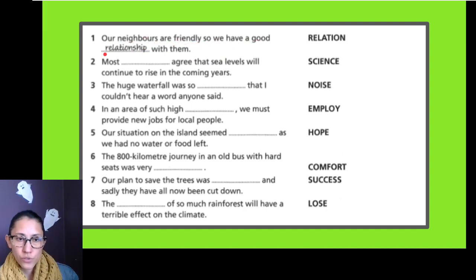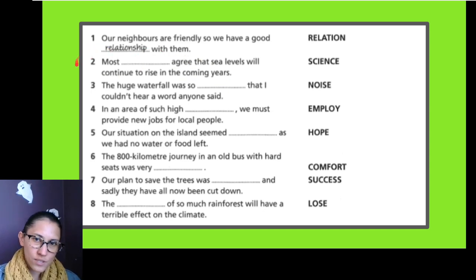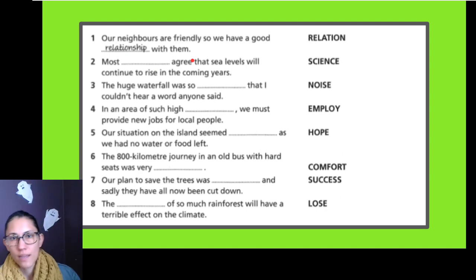Now, sentence number 2: "Most (science) agree that sea levels will continue to rise in the coming years." To start with, I already have a verb, so what I'm missing is the subject. Most probably need a person here, because that person is going to agree. The given word at the end, as I told you, is exactly in front of my gap: science.